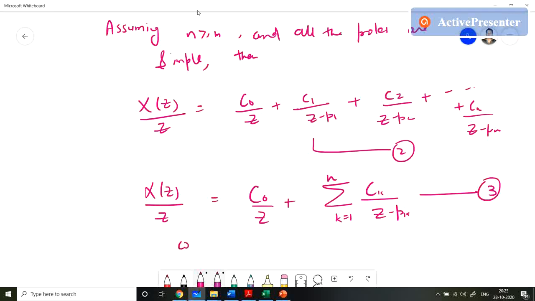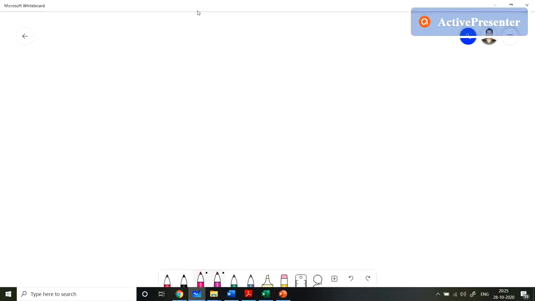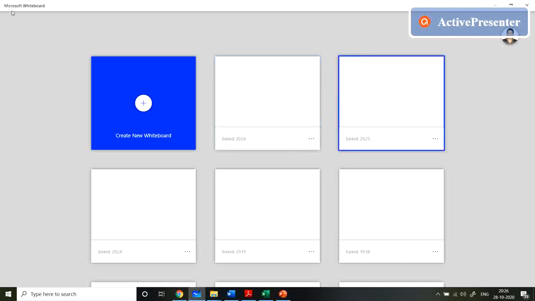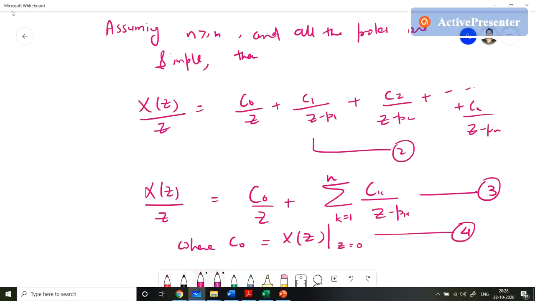Now what is c0? Here c0 is X(z) when z equals 0. And what is ck? ck is (z minus pk) multiplied by X(z) divided by z, when z equals pk. So this is equation number 5, and this one is equation number 4.